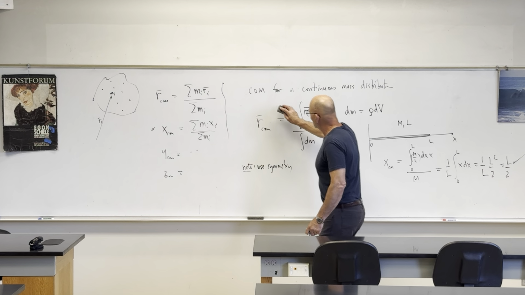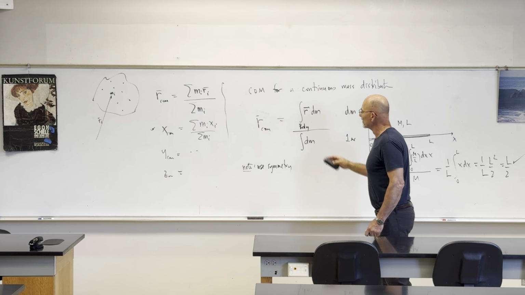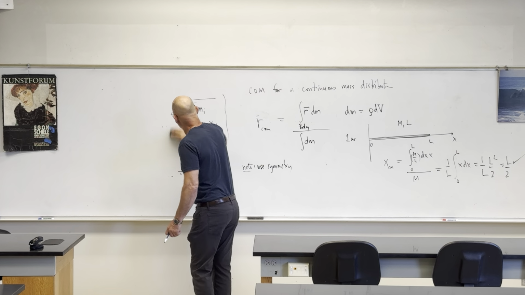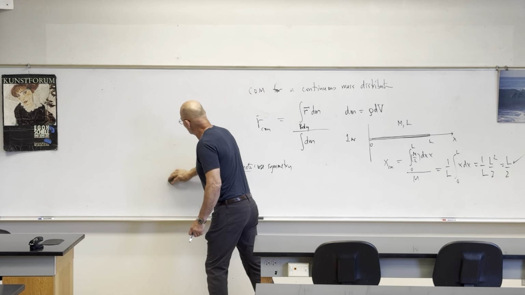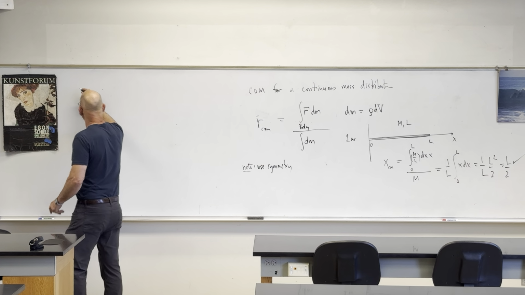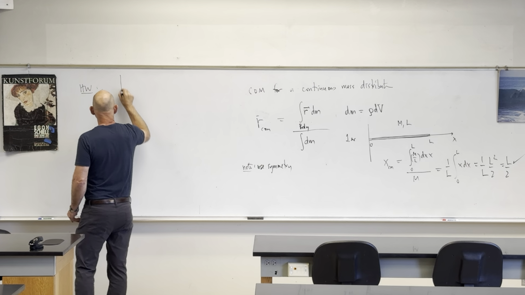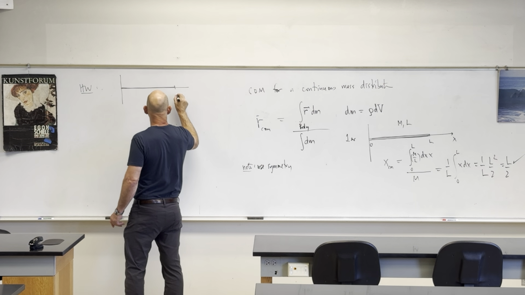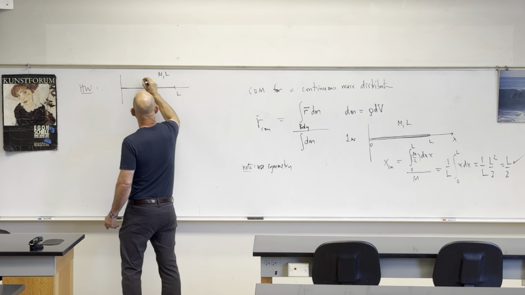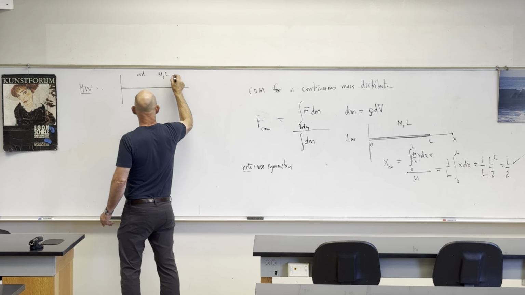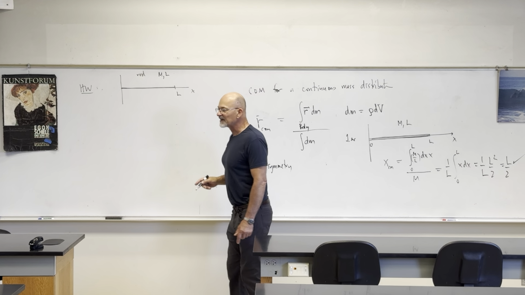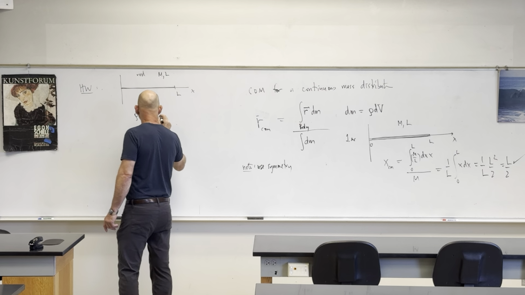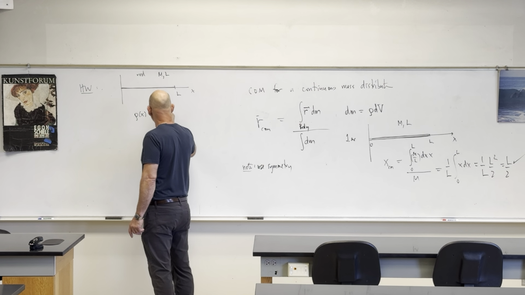I'll put that one for some homework. So homework: again we have a rod of length L and mass M. But this time we're going to have rho of x equal to some letter A times x.